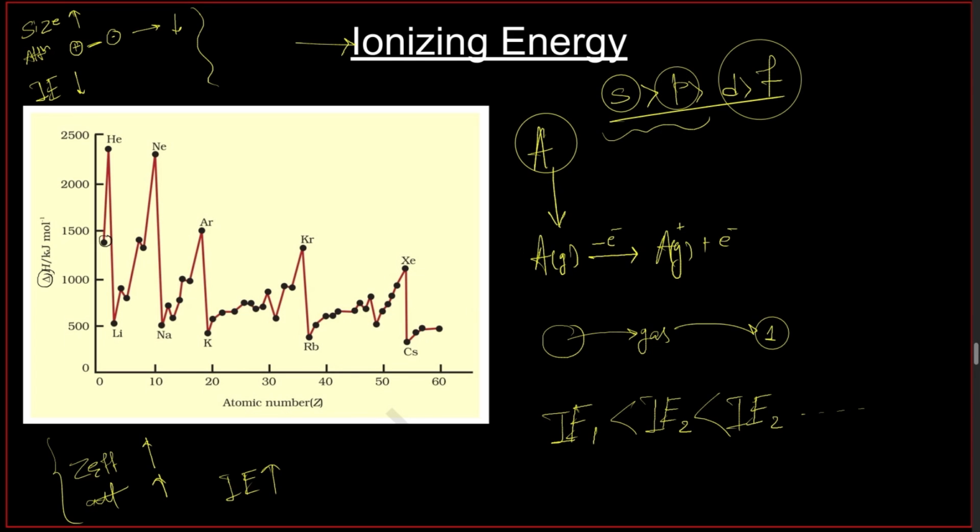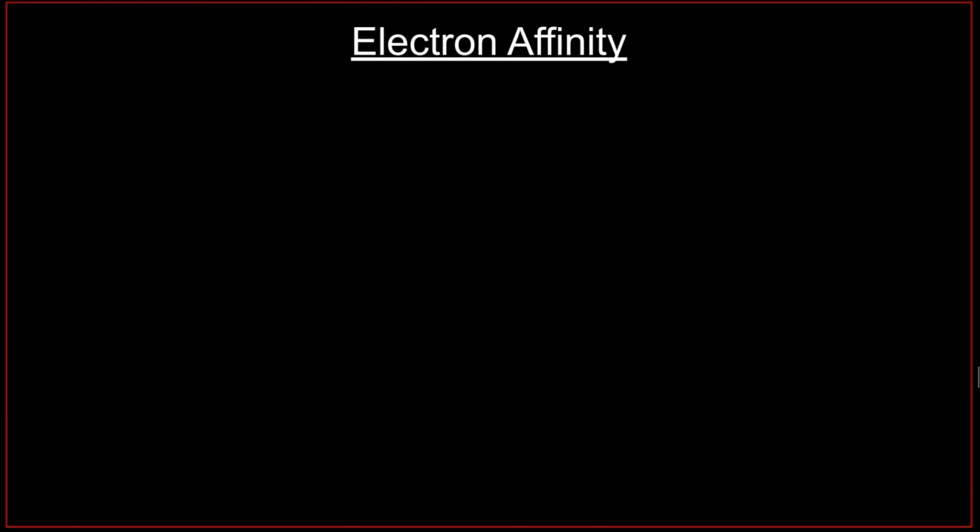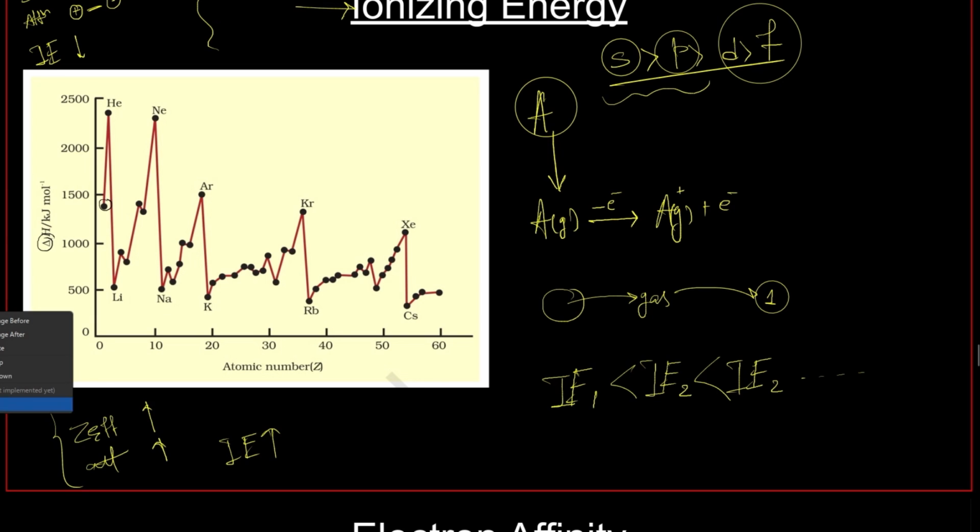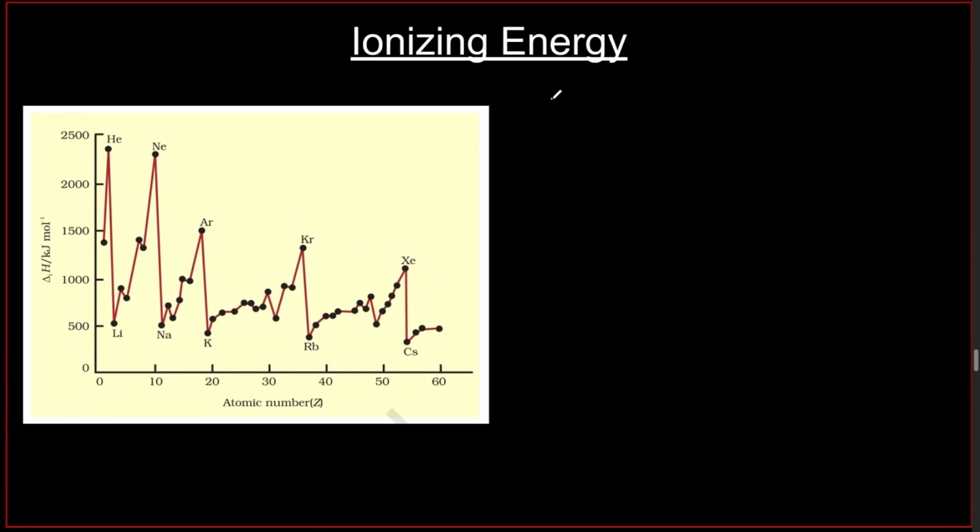As for the trend in ionization energy, when you go from left to right the ionization energy increases, and when you go down the group, it decreases.